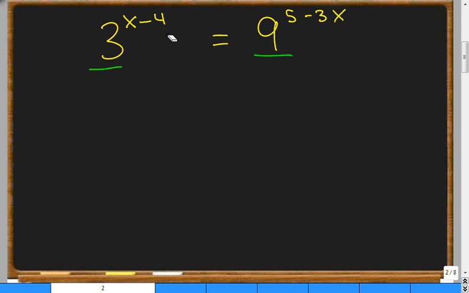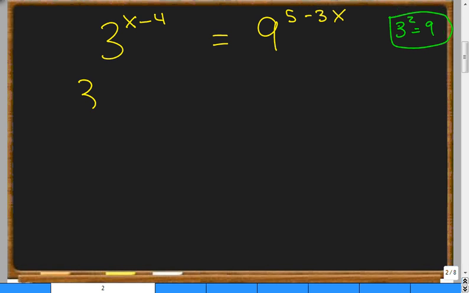We have to get them to have the same base. But if they do have the same base, then we can say something. So this requires us to make a step. One thing that we know is that 3 squared equals 9. We know that this is true. So we're going to use that.